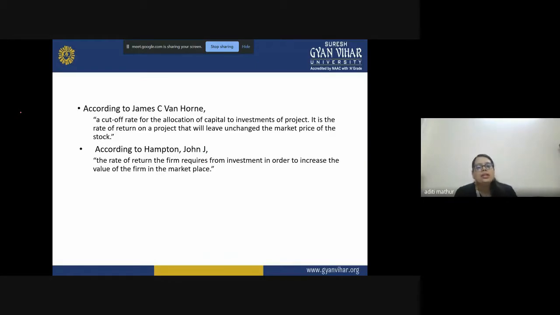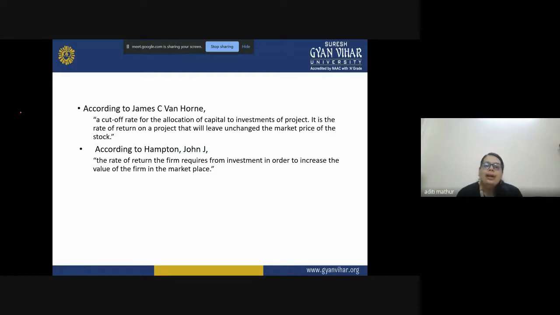So, what is James trying to say through his definition? That the cost of capital is that rate of return on a project that will leave unchanged the market price of the stock. Stock means of your shares, right? So, it is that minimum rate. So one of the other terms for the cost of capital is the cut-off rate.